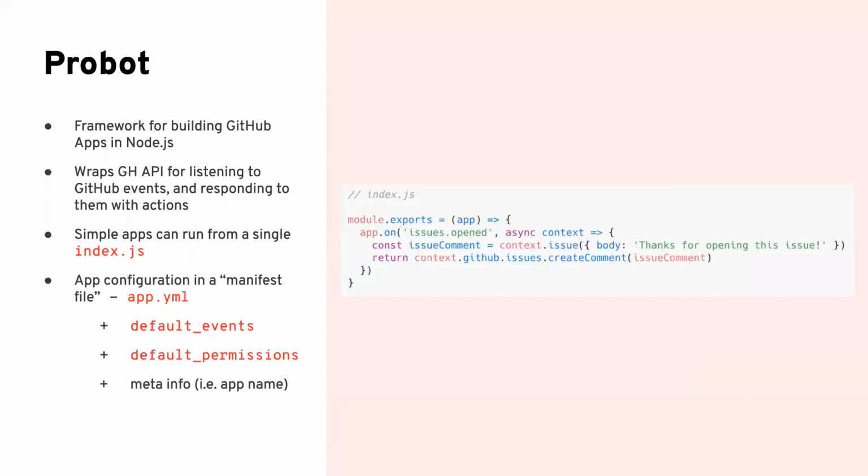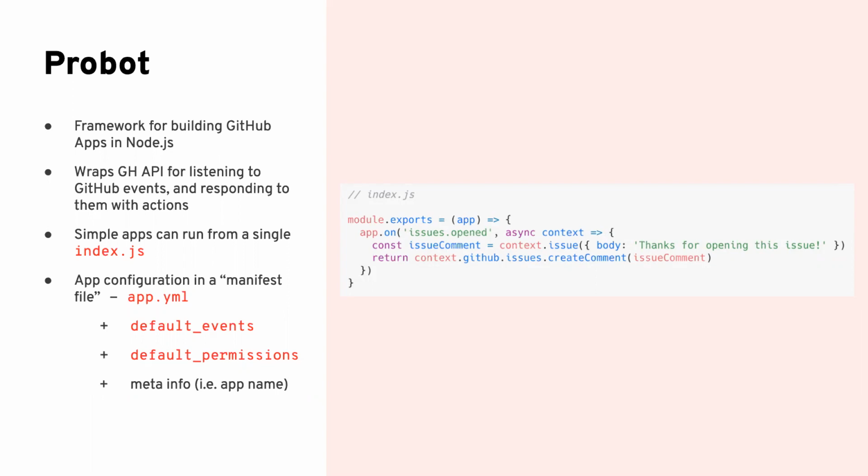As far as the syntax goes for these applications, it's a Node.js framework. So you can define an application that can listen to any endpoint in the GitHub API, if it's a simple set of actions, in a single index.js file. So here is an example of one of the simple template projects that you can start with npx or yarn.